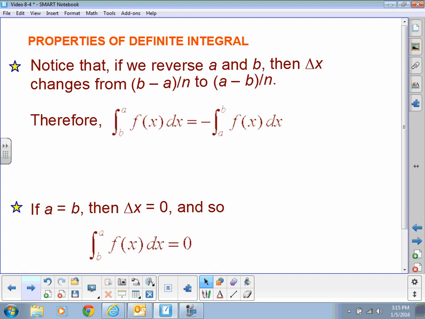Because b was bigger than a, subtracting b minus a gave us a positive number. Now, if it's the other way around, a minus b should give us a negative number. So essentially, the smaller one is coming first, and the larger one is coming second.